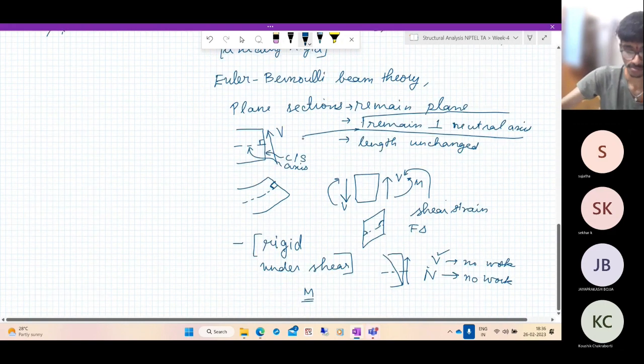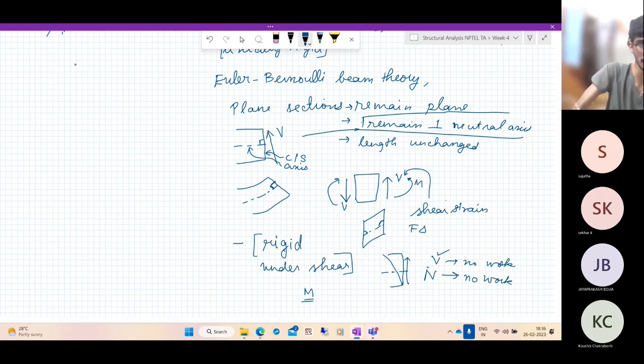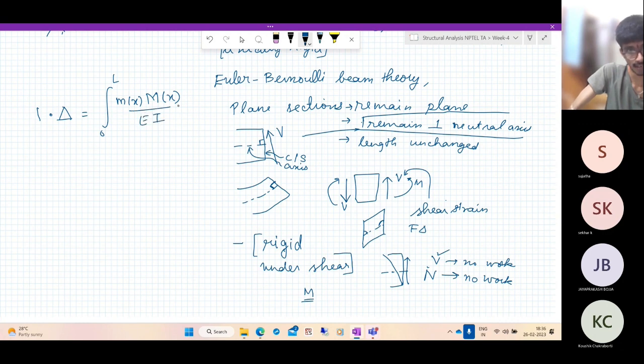So if you have to find the displacement in a given beam, you do this: delta is equal to integral 0 to L of m of x times M of x by EI dx.